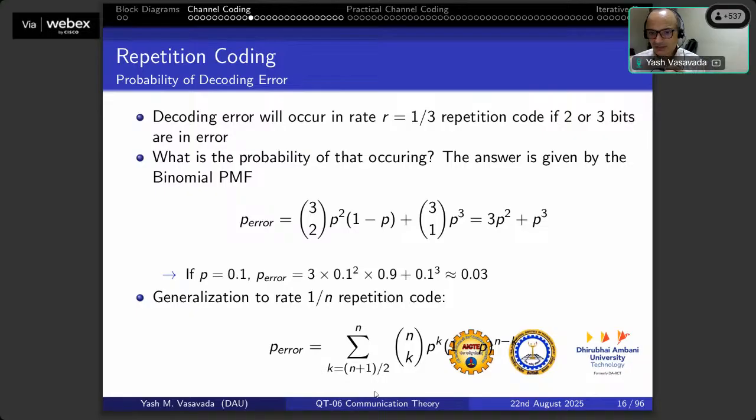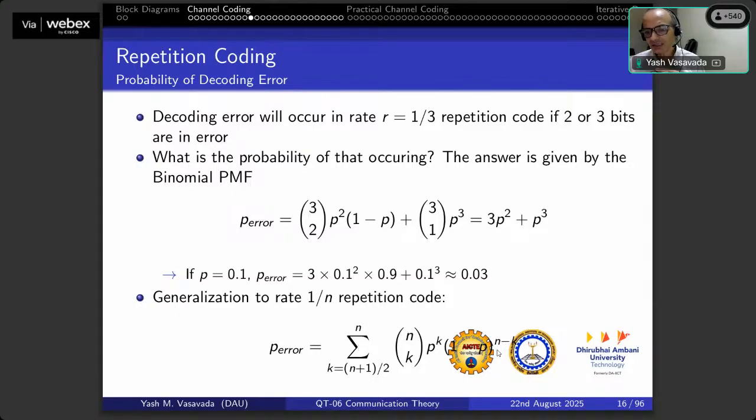What does this equation say? What is the probability of having (n plus 1)/2 errors, (n plus 1)/2 plus 1 bit errors, (n plus 1)/2 plus 2 bit errors, all the way up to all n bits being in error.